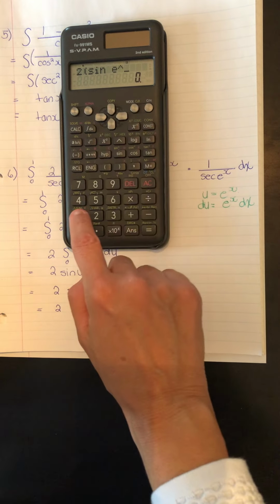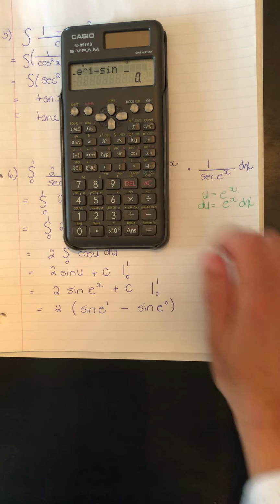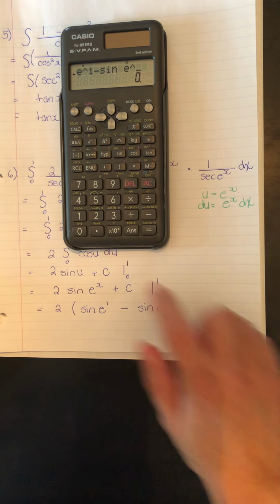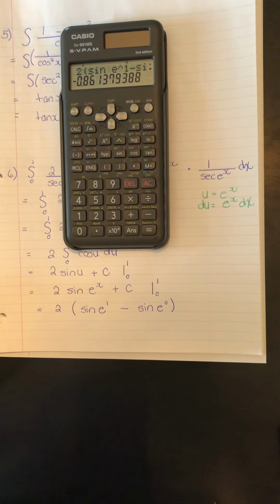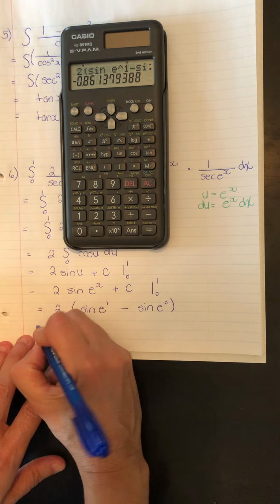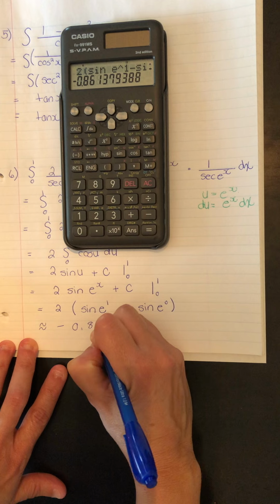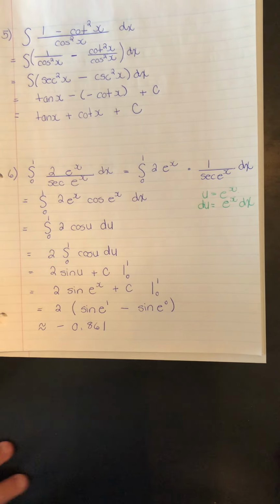Sine of e to the 1, minus the sine of e to the 0, bracket closed, equals. And there's our answer. We would round to 3 significant digits. So it's roughly negative 0.861.